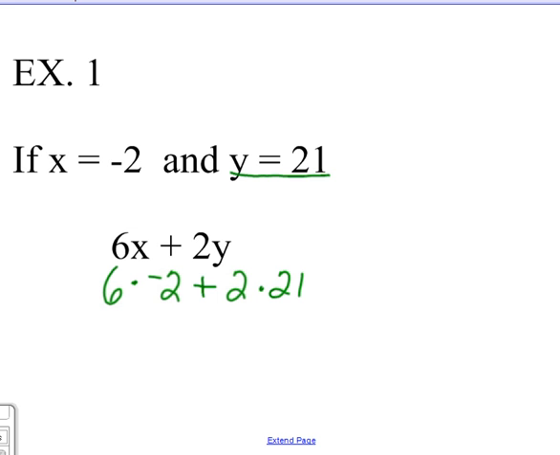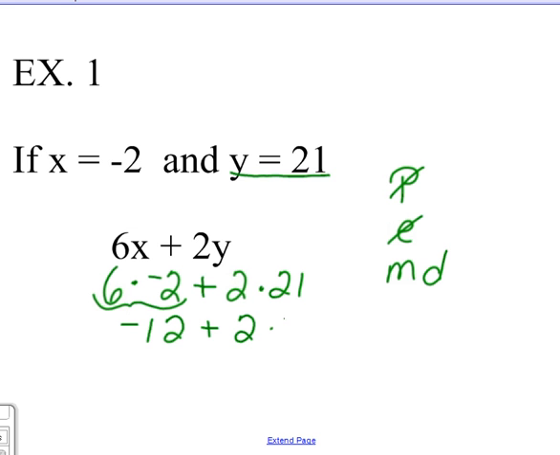Now we follow PEMDAS. There are no parentheses. There are no exponents. So we're up to multiplication and division. And again, you go from left to right. So I'm going to multiply 6 times -2, which is -12. Everything else comes down. I still have multiplication.